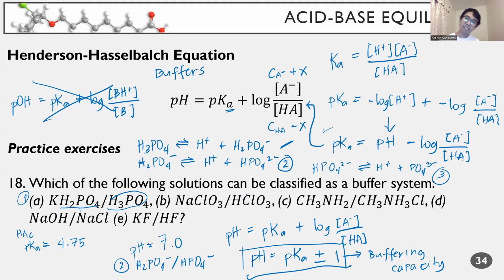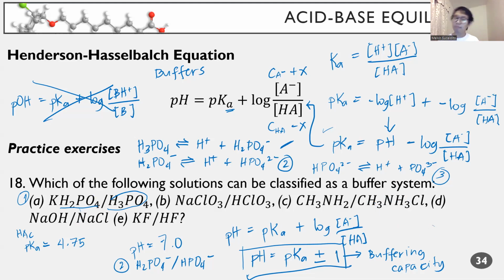Maybe. This is methylamine and then methylammonium chloride. Methylamine, I have no idea if this is strong. Actually, you read this, I think, as methylammonium chloride, kasi protonated na siya yung nitrogen. So, it's a methylammonium chloride.